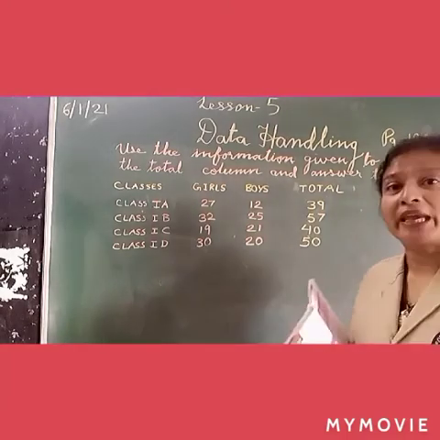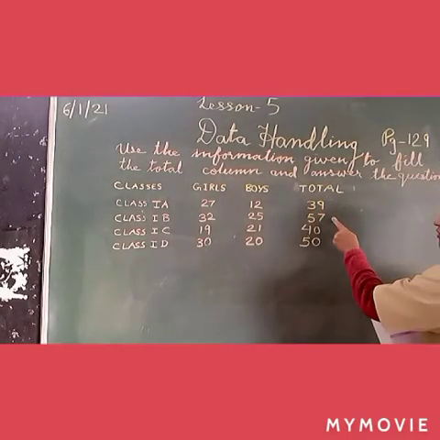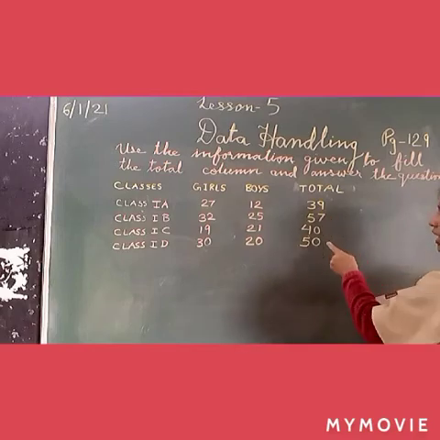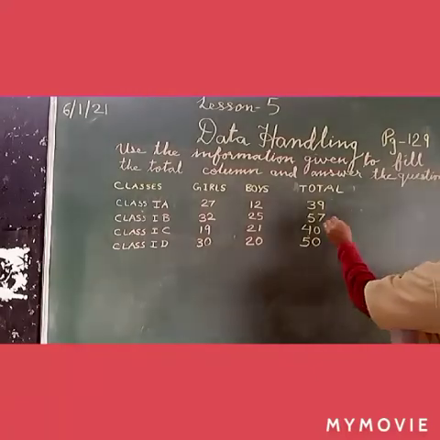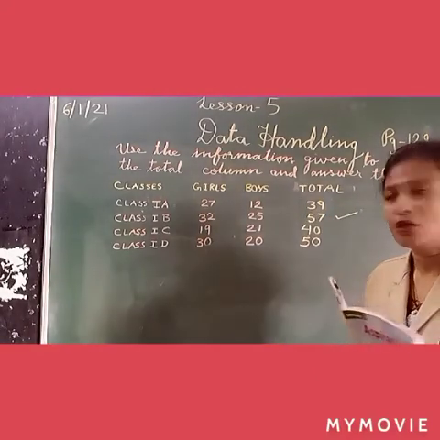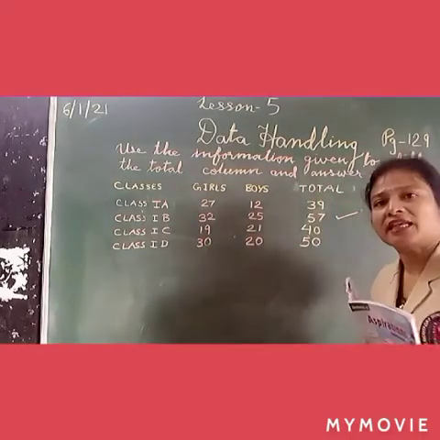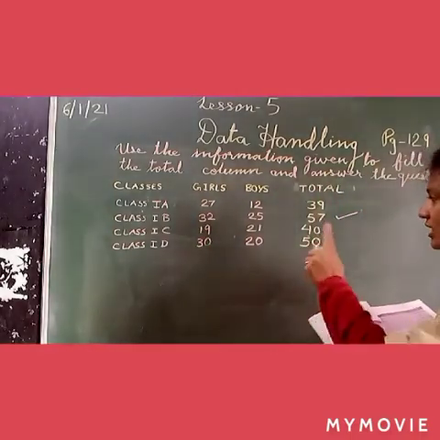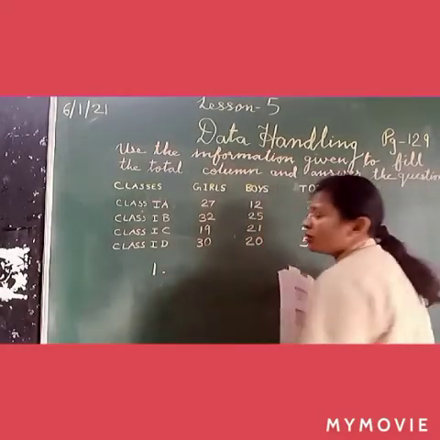Let's see. 39, 57, 40, 50. The greatest number, biggest number is 57. So, in which class are 57 students there? Yes, it is in 1B. So, in question 1, you will write 1B.